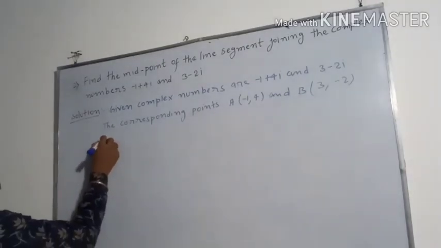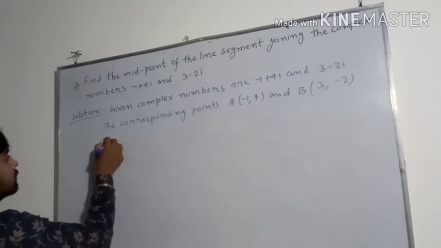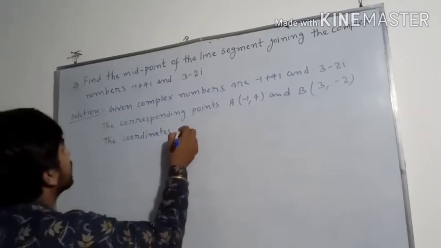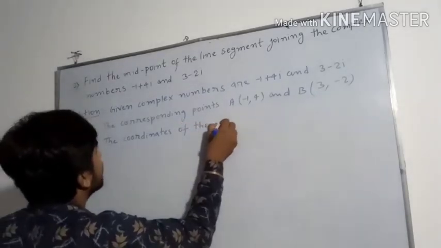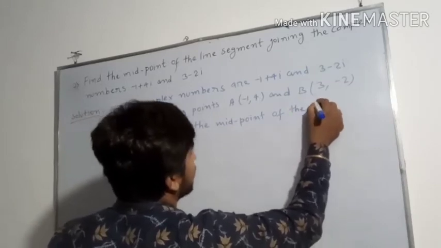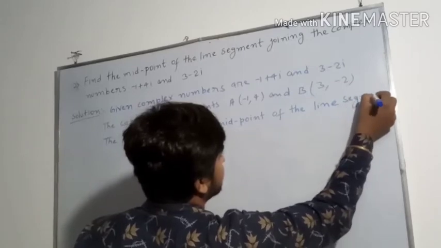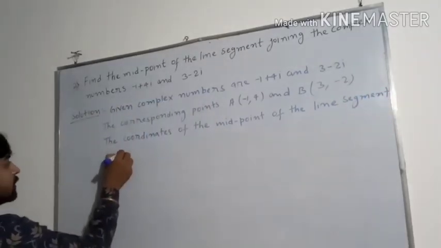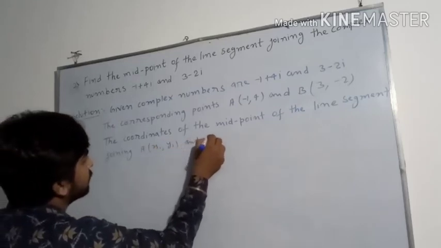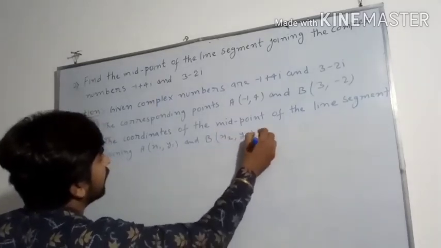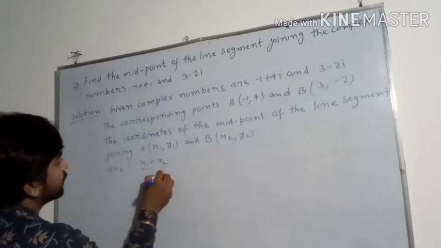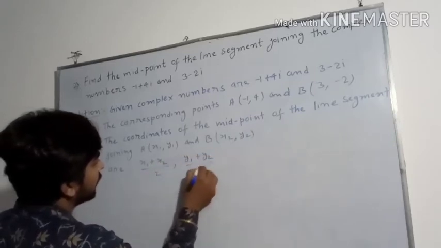Since the coordinates of the midpoint of the line segment joining points A (x1, y1) and B (x2, y2) are ((x1 plus x2) by 2, (y1 plus y2) by 2).